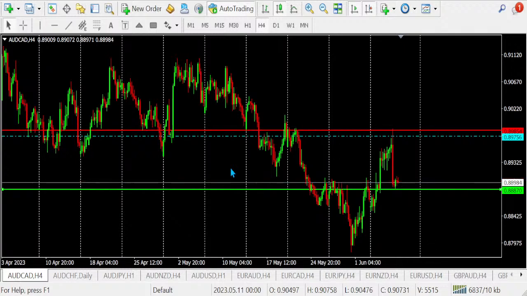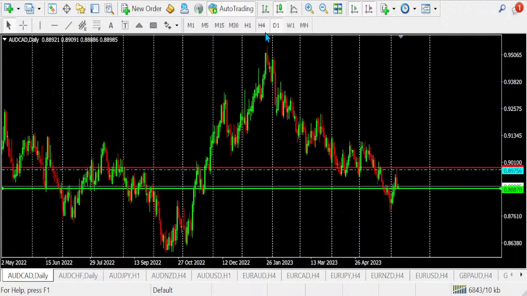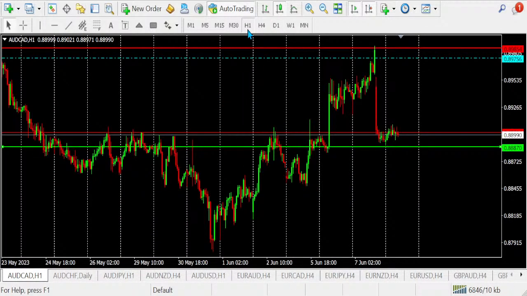Aussie CAD over here, let's take a look. Buyers take a look. Sellers have to stay away. Aussie CAD has thrown about 40 pips into the market for the buyers to take.